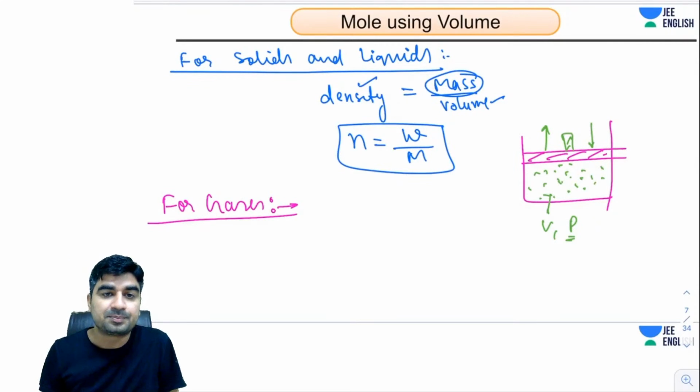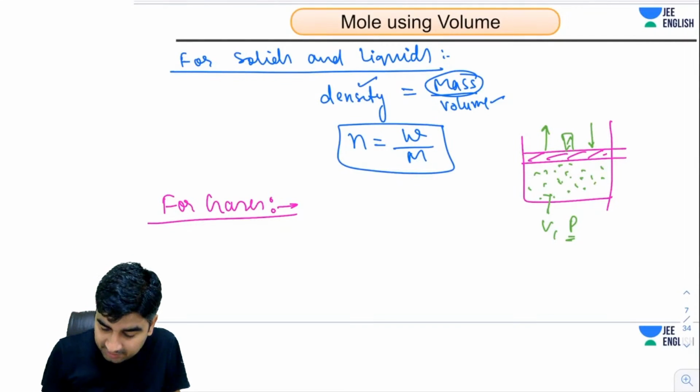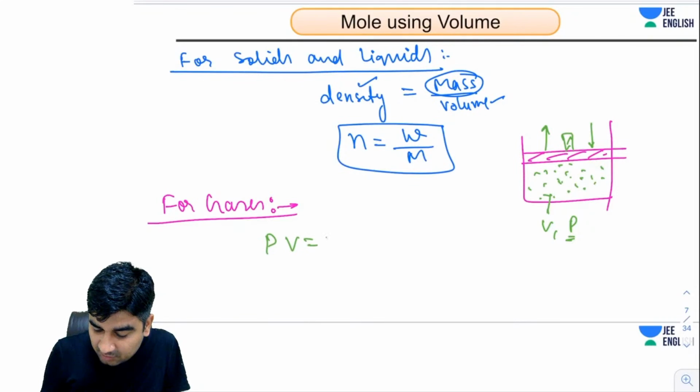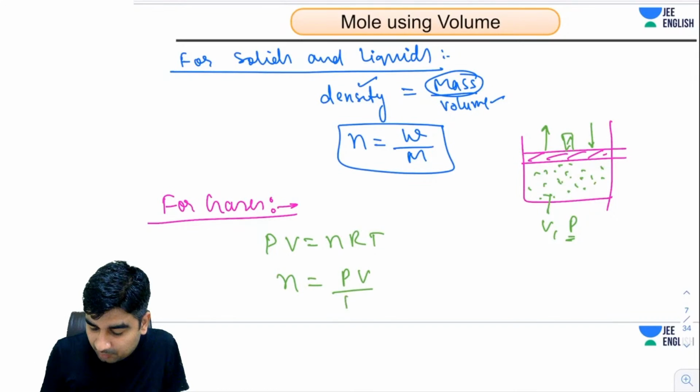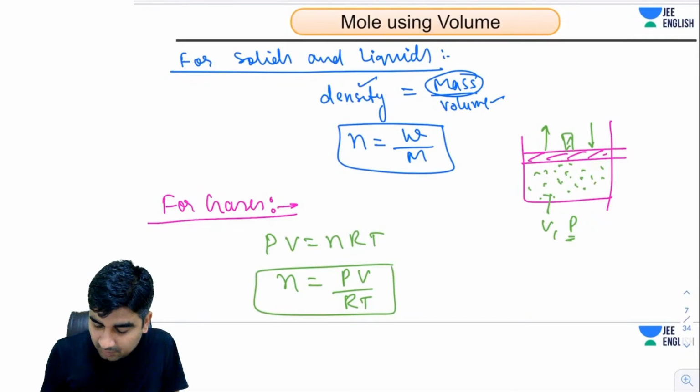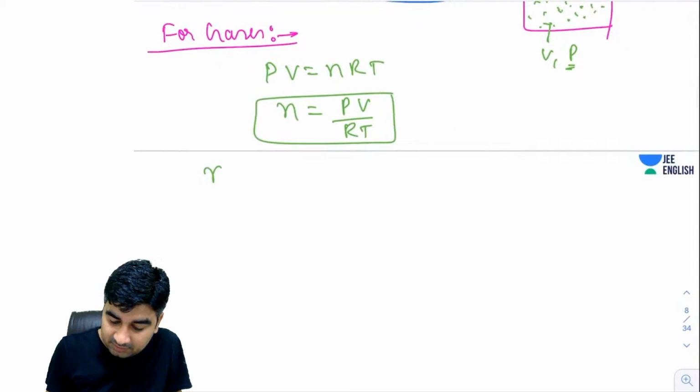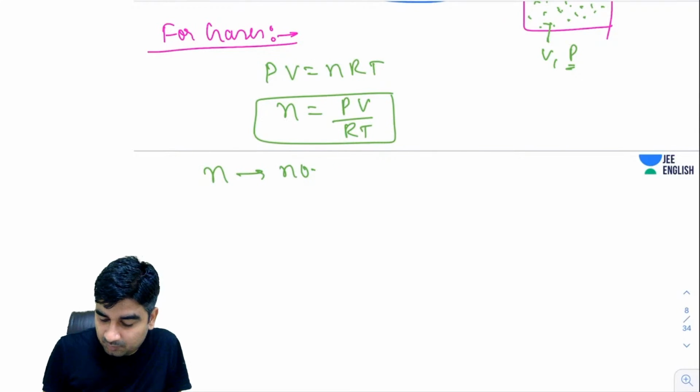So what do we do? For gases we apply PV is equal to nRT, and we can calculate moles is equal to PV upon RT. Now what is n? Number of moles. P, pressure of gas.